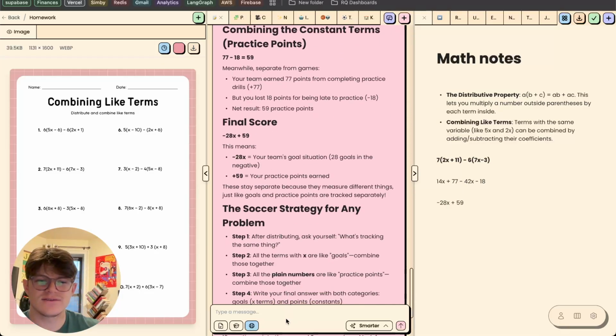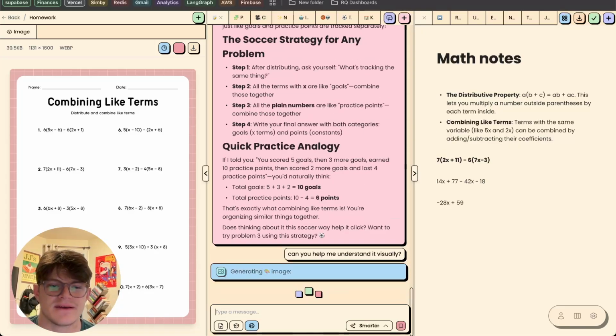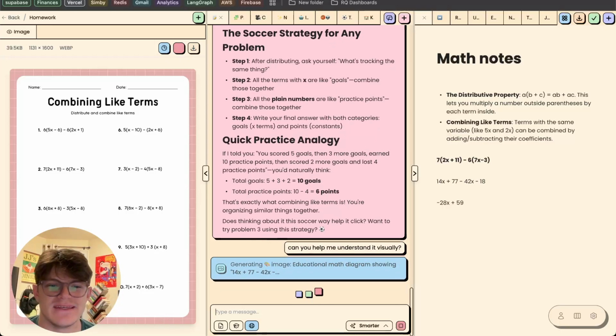And so we can also do something like, can you help me understand it visually? And what that's going to do is actually Simby's going to come up and build me an image to help me understand specifically the answer to this problem through the lens of soccer visually.